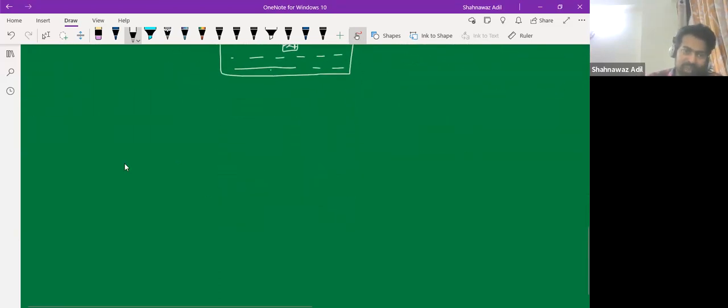So we have this variation of pressure. Before we do that, let us understand what atmospheric pressure is.